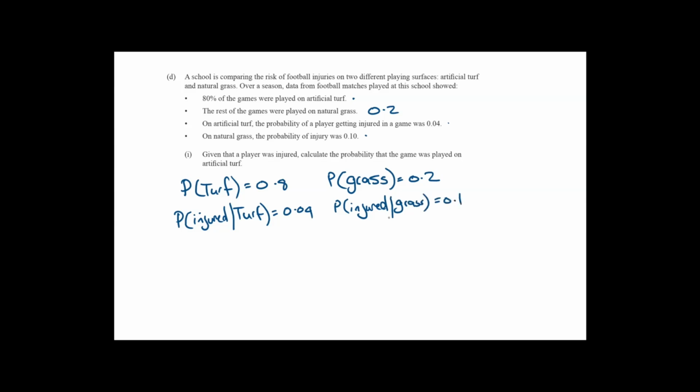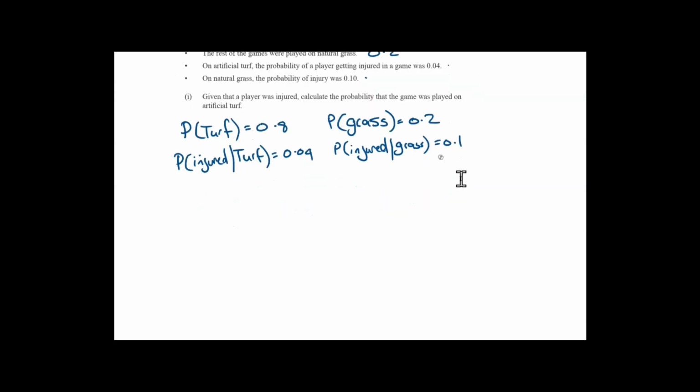I would have thought they would have been higher on artificial turf than grass. So we kind of want the branches, don't we? So let's do a probability tree. This is artificial turf. This is grass. So this is 0.8, 0.2.